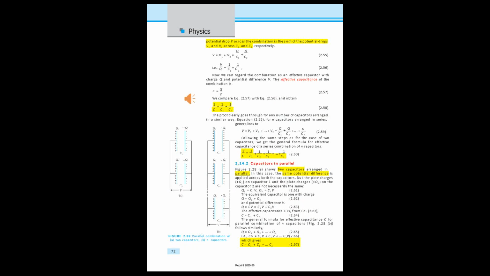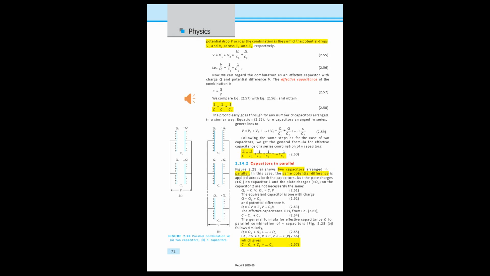The total potential drop V across the combination is the sum of the potential drops V1 and V2 across C1 and C2 respectively. So the potential drop V is given by the sum of the potential drops across the individual capacitors. That is, V is equal to V1 plus V2, that's given by Q by C1 plus Q by C2. That is, V by Q is equal to 1 by C1 plus 1 by C2.